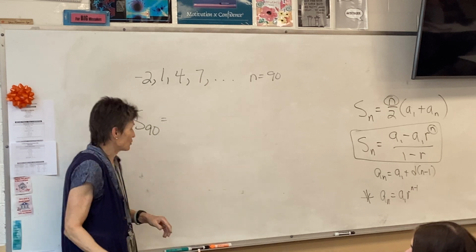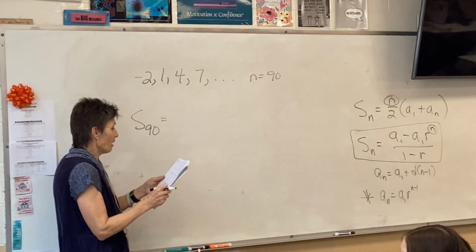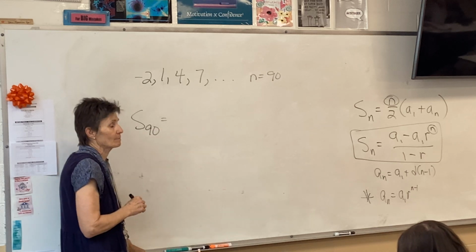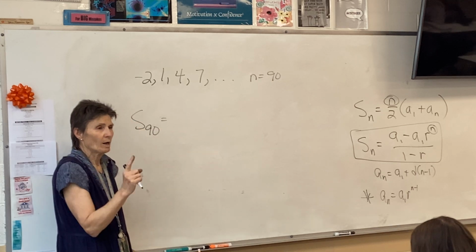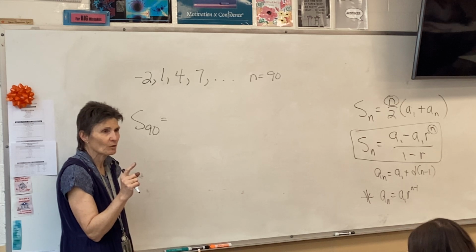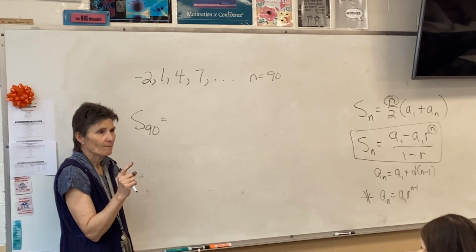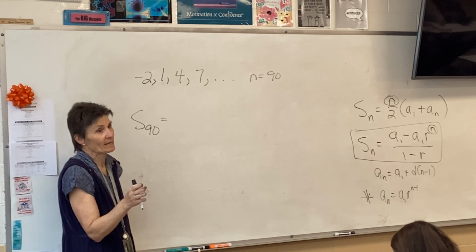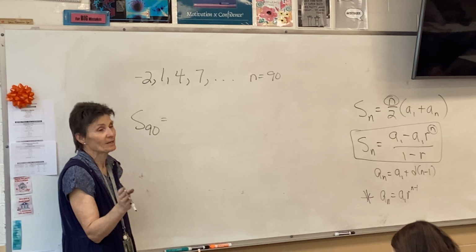Okay, let's try to get back to work here. All right, so find the sum of the first 90 terms. Question 1: arithmetic or geometric? Charlie, arithmetic or geometric? Okay, well, first of all, you're a terrible guesser. You had a 50-50 shot and you missed.